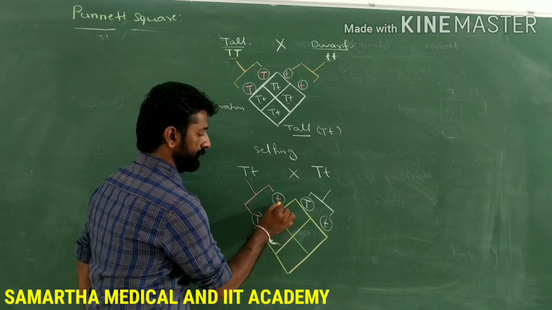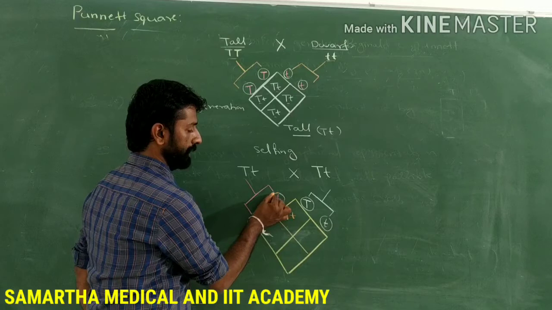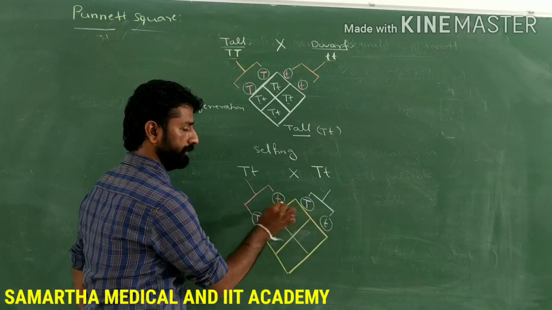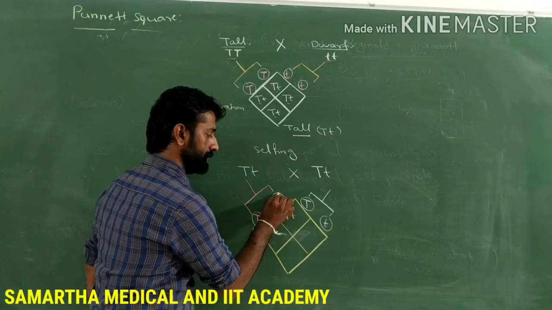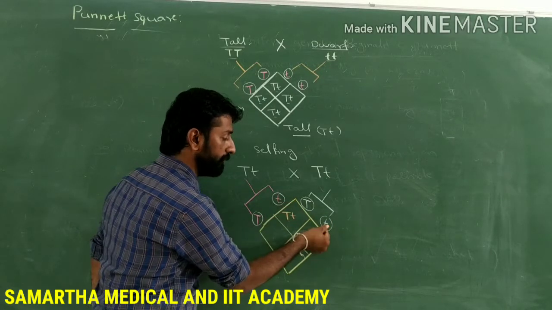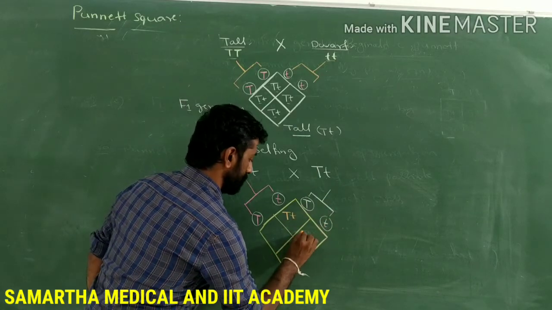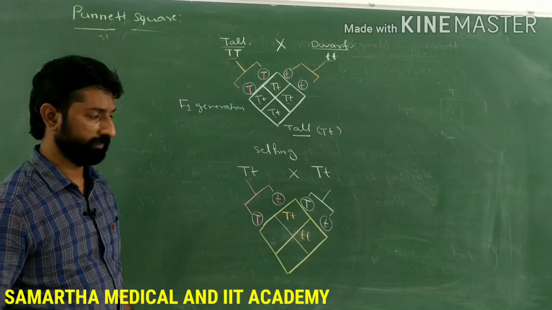So this is one chance, that is the small t or recessive allele containing egg may get fertilized with the dominant allele containing pollen. And the other chance is the recessive allele containing egg may get fertilized with the recessive allele containing pollen only. So then the combination will be small t and small t.